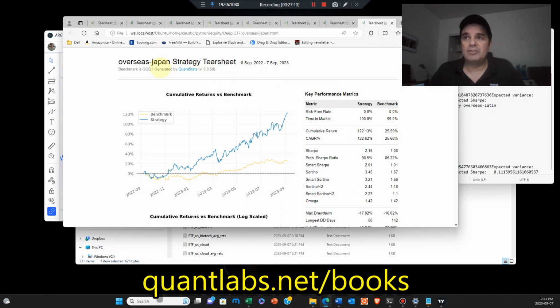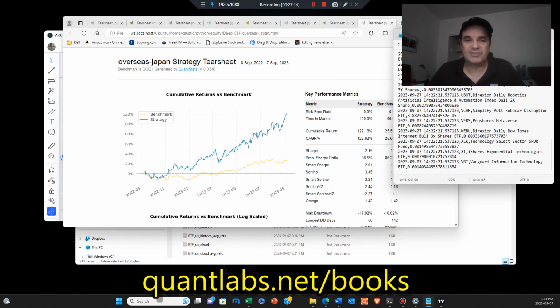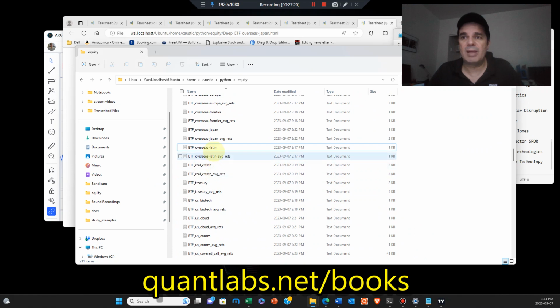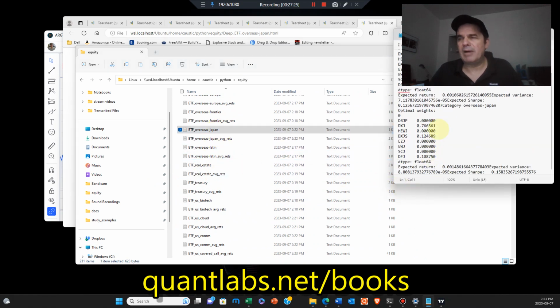Next one we have is Japan. There's another really strong performing sector. So in here, let me pull up Japan, overseas Japan. And yes, you can buy into these ETFs directly, obviously. And this is just for today, current week, whatever you want to call it. So we have here two of them, actually three.